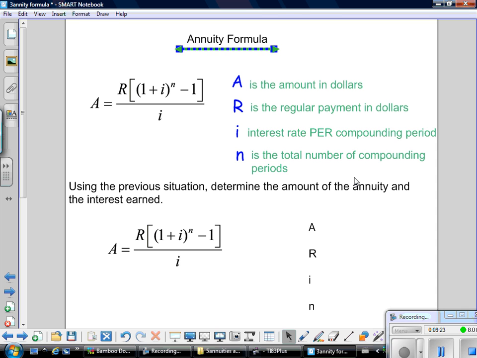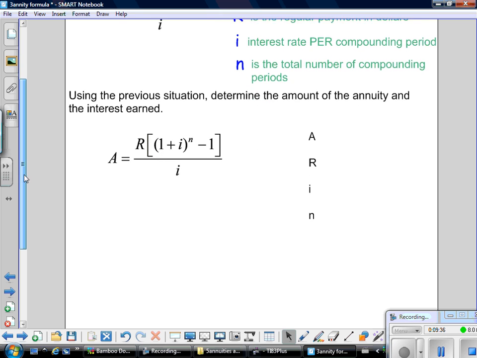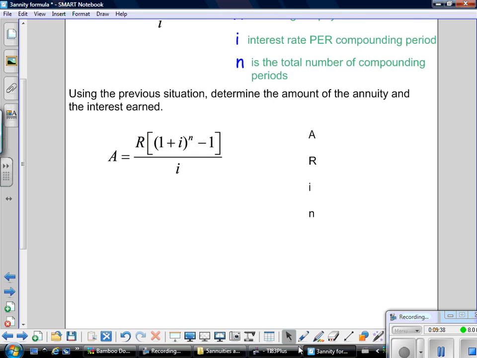So let's take a look at that last question that we just did using the table, which took us almost 8 minutes to do, and actually calculate using the annuity formula this time. So if we kind of go back and look at that picture now, because you have the question on another sheet, you can actually go look at it. So what we're doing here is we're finding our A. Our regular deposit, they told us, was $450.